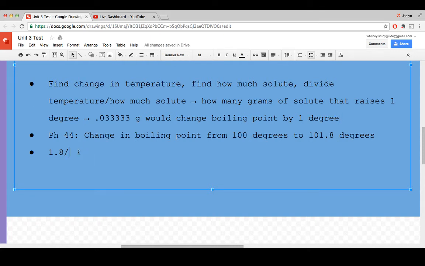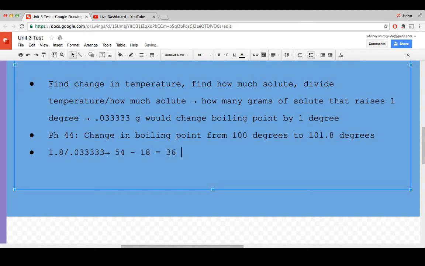So then you just go here, and then you get 54. So that's how much you would need to take it from 100 to 101.8. And we already know that there was 18 grams added, so you just have to subtract, and then you get 36.